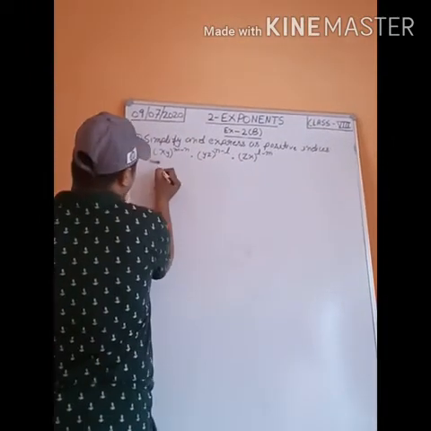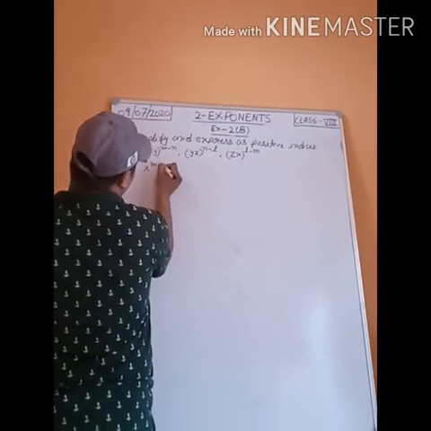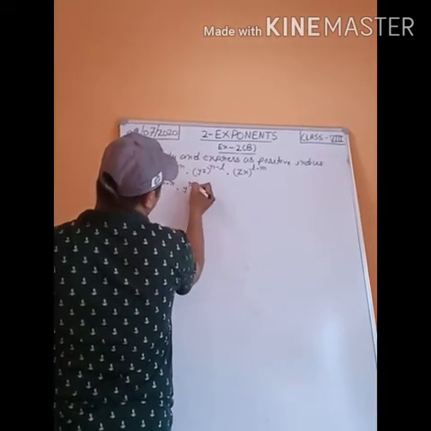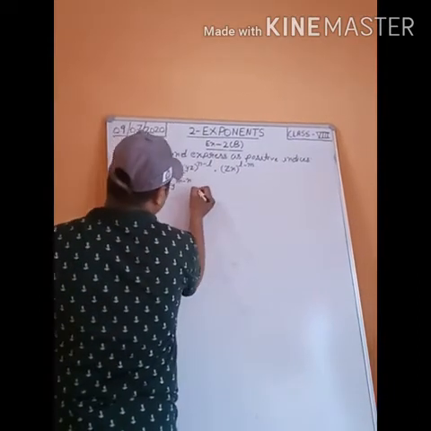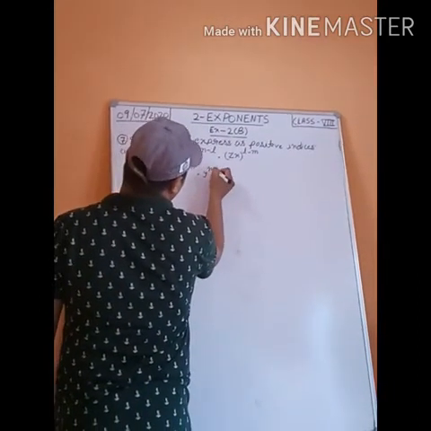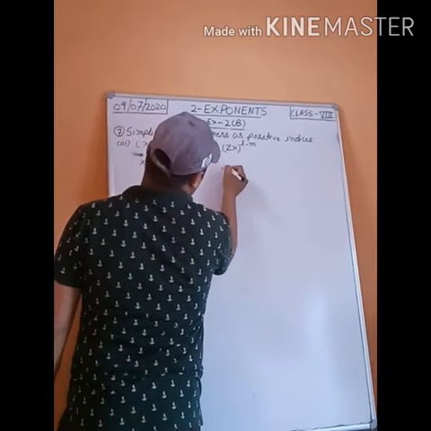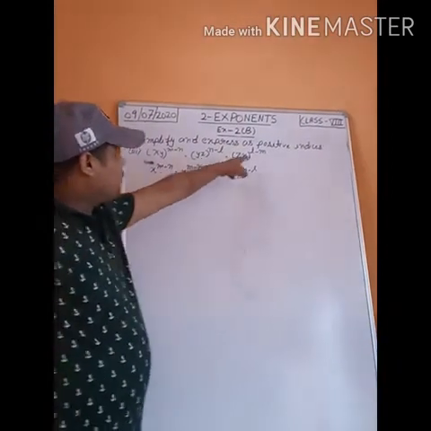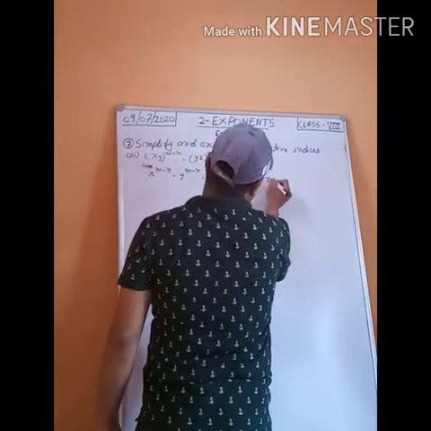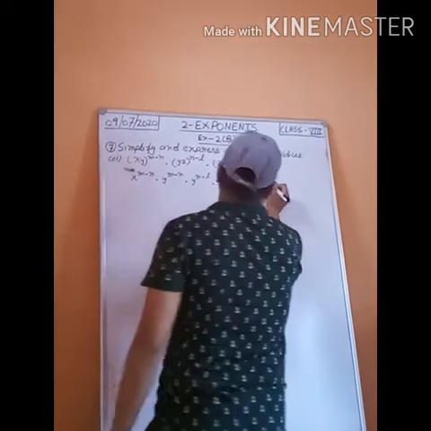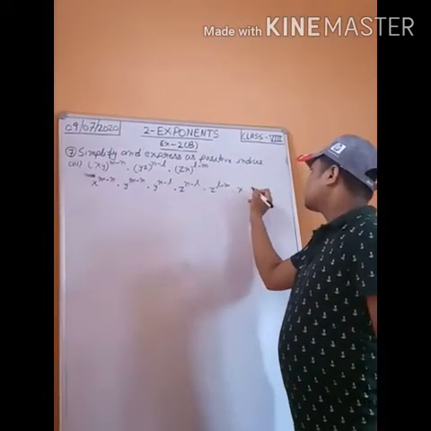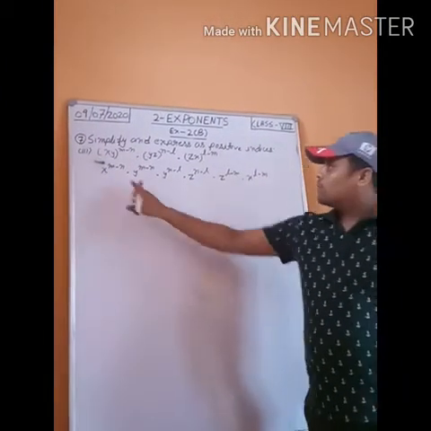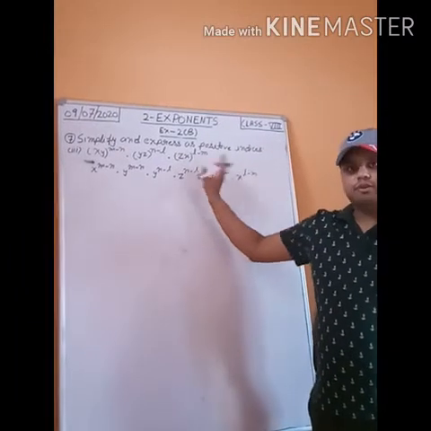So x raised to the power m minus n multiply y raised to the power m minus n, multiply y raised to the power n minus l multiply z raised to the power n minus l. Then multiply z raised to the power l minus m multiply x raised to the power l minus m. Now the bases are multiplied and the powers are also there.